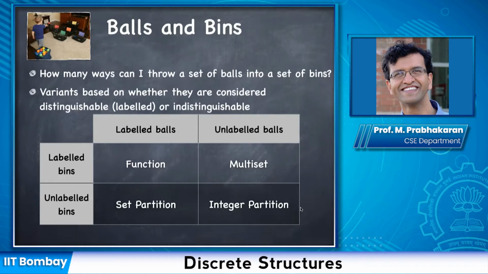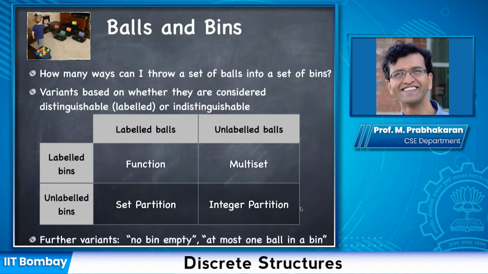And these four variants correspond to counting different objects, some of which we have seen and some we will define shortly. And further, these problems can be subdivided into three variants. So one is the basic variant where there are no restrictions on how you place your balls in the bins.